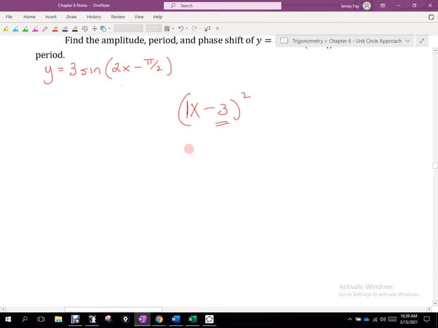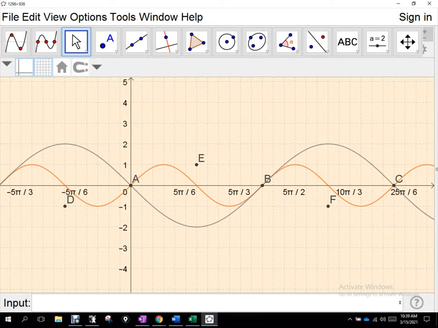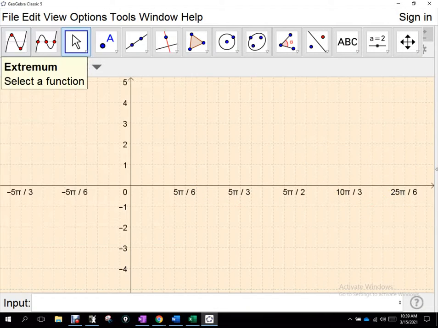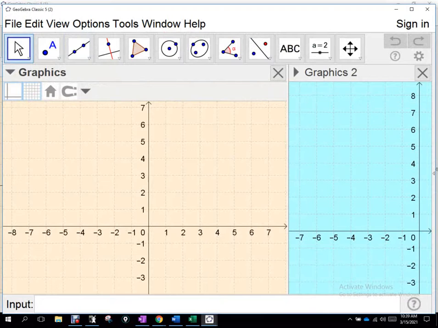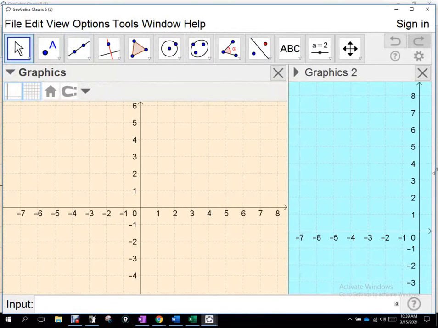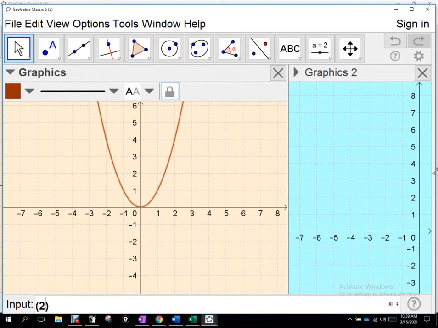If I would have written it as 2x minus 3 squared like that, let's look at that real quick. If I would have started with x squared and then went 2x minus 3 squared, did it shift all the way to the right 3 units?